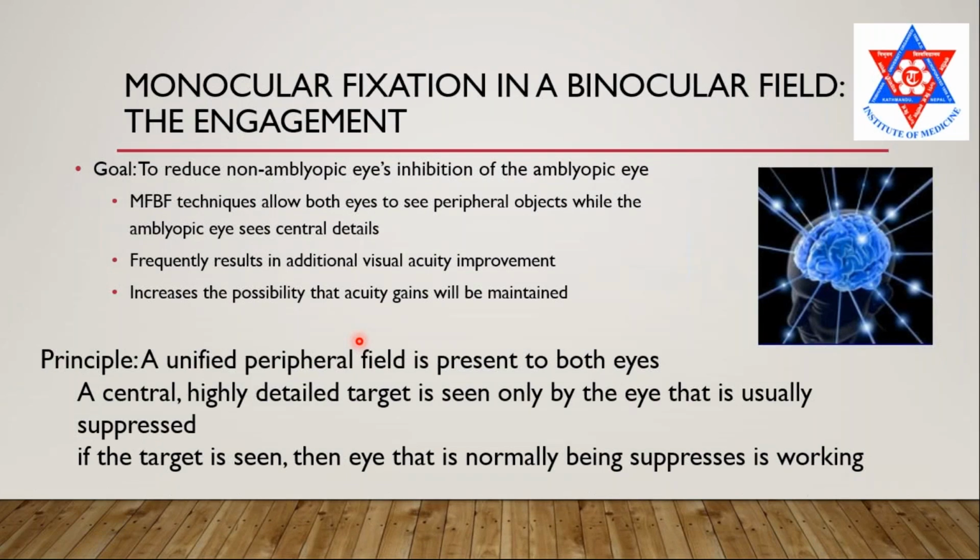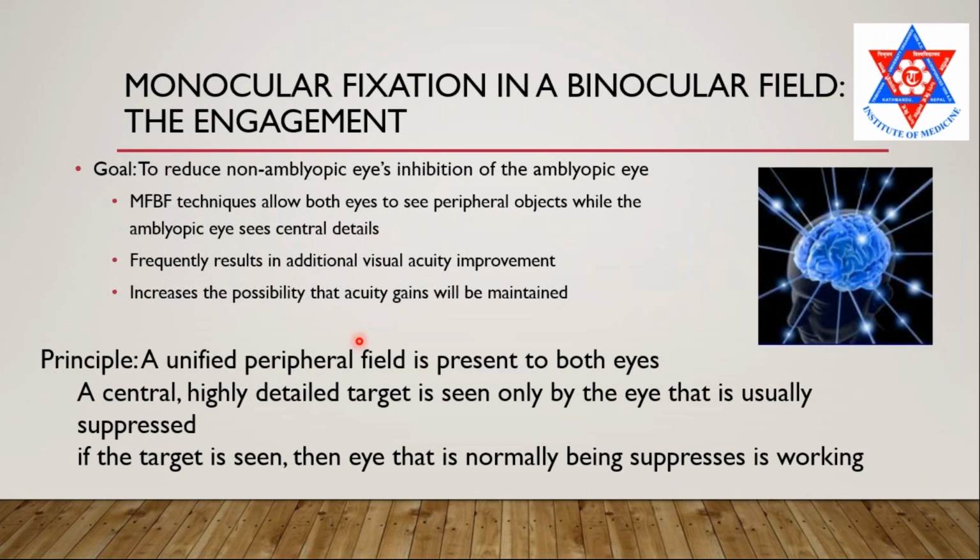And after more than 60% improvement of the deficiency in visual skills has been attained through monocular procedures, then we'll go to the next step in the vision therapy, that is the monocular fixation in the binocular field.